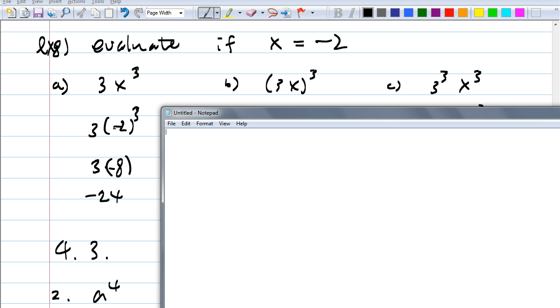What about B? Who can tell me how to do B? One person? Somebody that I haven't picked today. Christopher, can you tell me how to do this one? Negative 18?